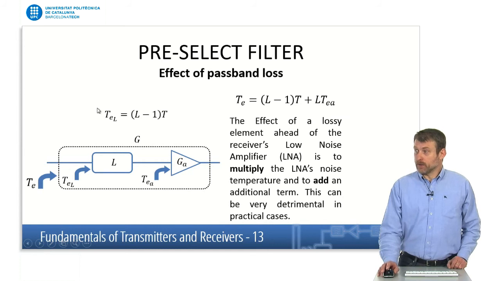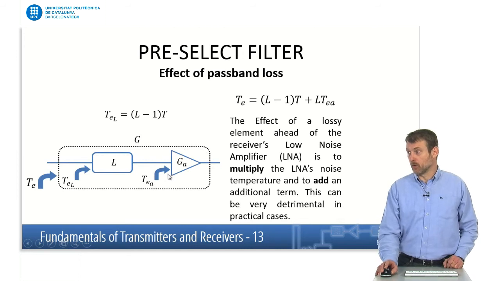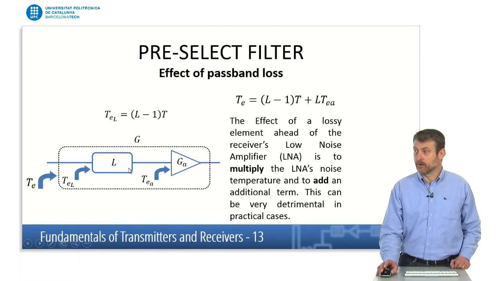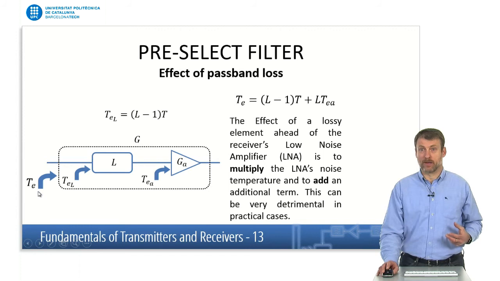Going into more detail about what I've just said, I put a slide here where I make a simplification on the behavior of the low noise amplifier and the filter. Here I'm only considering the insertion loss in the passband of the filter, and what I do is remind about the equation relating to noise involved in this case.